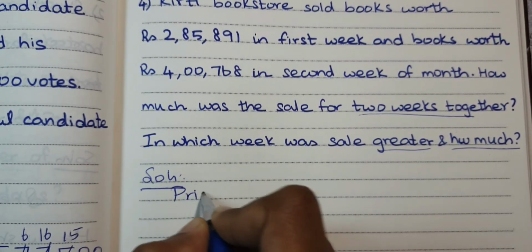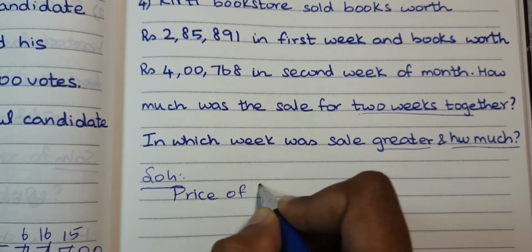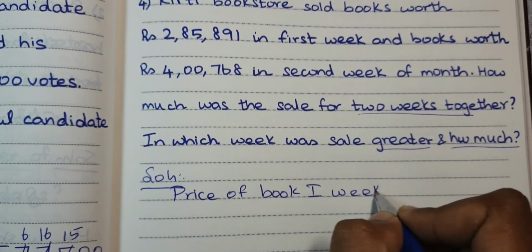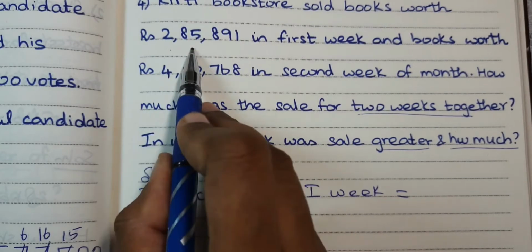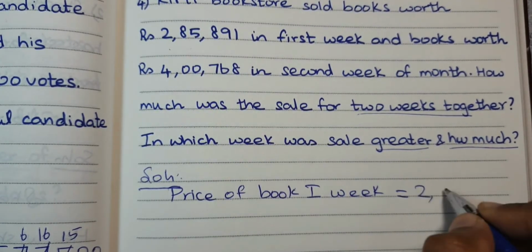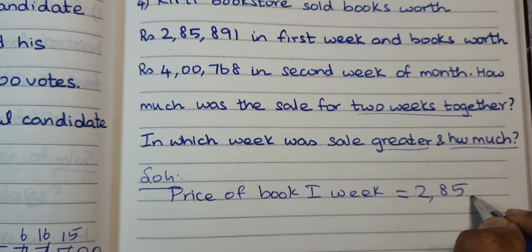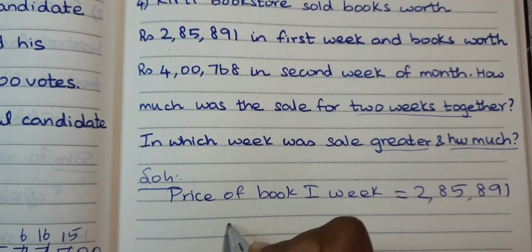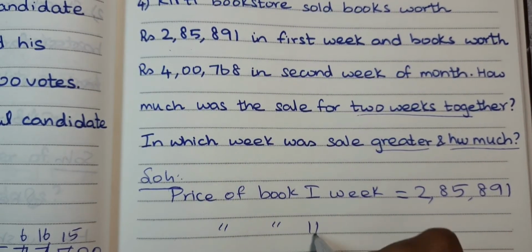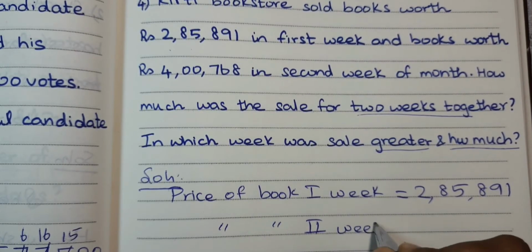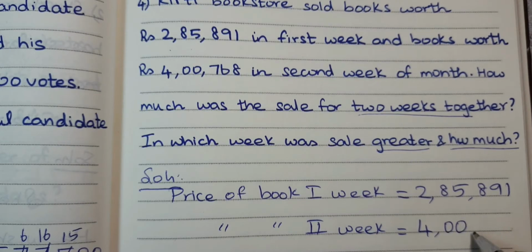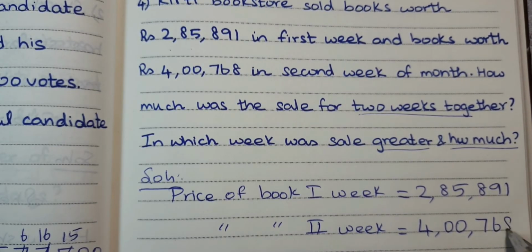The price of books in the first week is given as 2,85,891. Next, the price of books in the second week is 4,760.